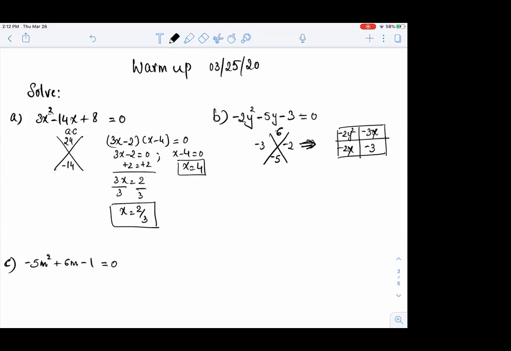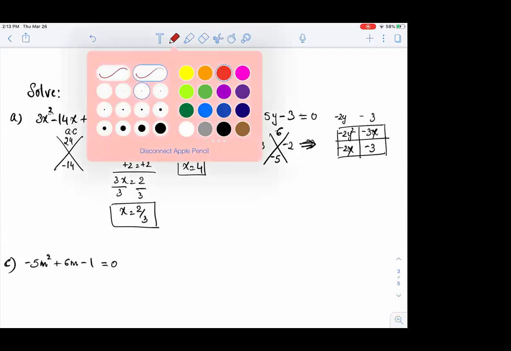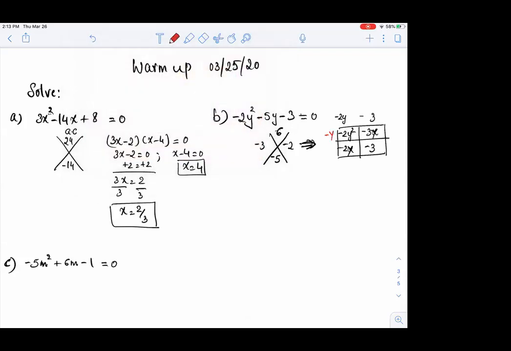Now you take the common factor, which is negative 2y here, and then negative 3 here, and negative y here, and just a negative 1 here.